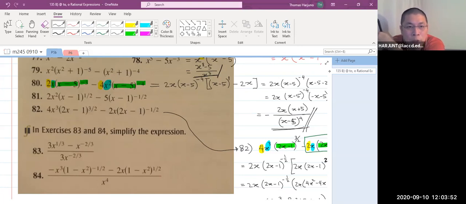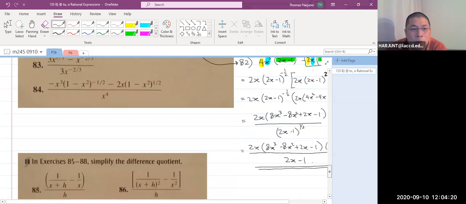So even though we don't need this right now, I may ask you this kind of question in your quiz. I don't really think I will ask you this kind of question in your test. I have other more important questions to ask. But at least for practice right now, such that when you go to calculus for business later on, you already have that algebraic skill to go on. Okay.